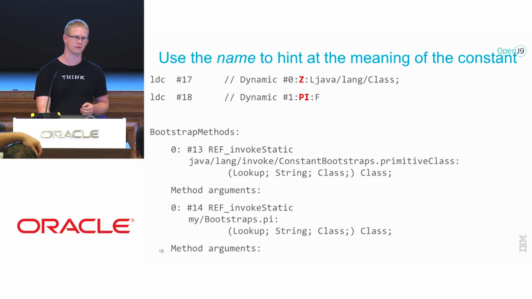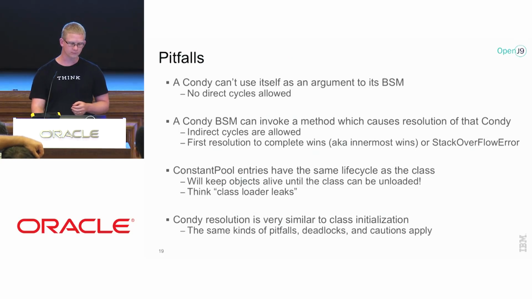What are some of the pitfalls you can run into with it? The first one is you can't use the same Condi as an argument to its own BSM. You're not allowed to do any direct cycles. If there's a direct cycle, you're going to end up with a Stack Overflow. Now, having said that, you can do indirect cycles.